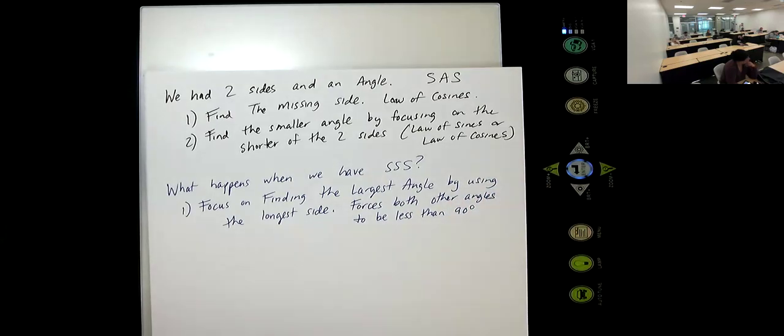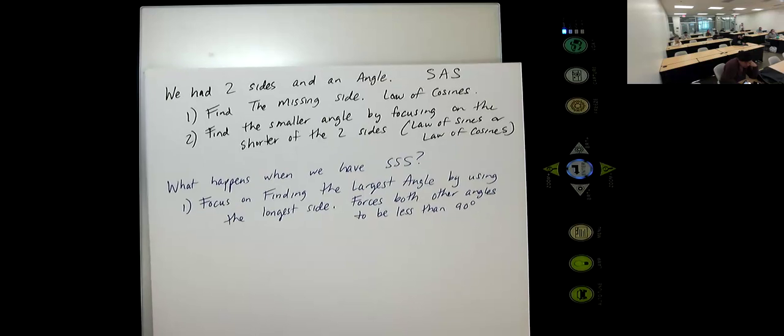If you choose the middle length side or the shorter side, it doesn't force anything. But if you choose the larger side, then the largest angle is opposite it, and there's no way you can generate an angle that's above 90 degrees if you've already used the largest angle. So that's what we're gonna do in the following example.